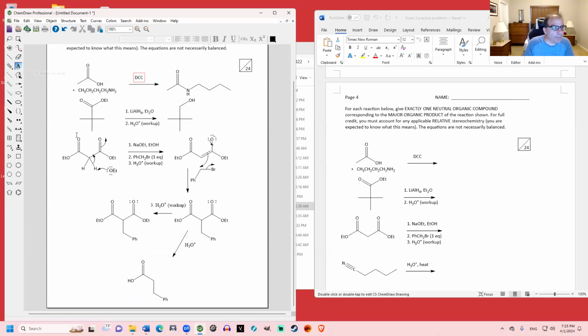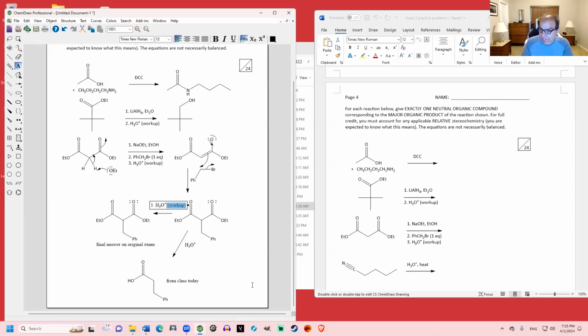So this is the type of reaction we talked about in class today. This is the final answer on the original exam. And the difference is that little word workup. If it says workup, then you don't do the hydrolysis and the decarboxylation and all that.